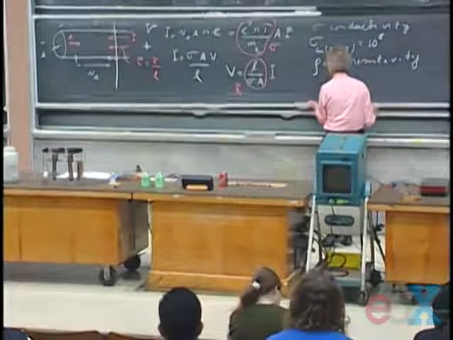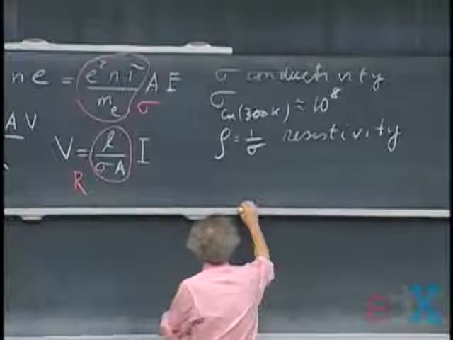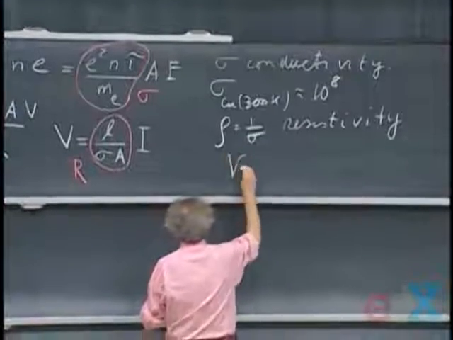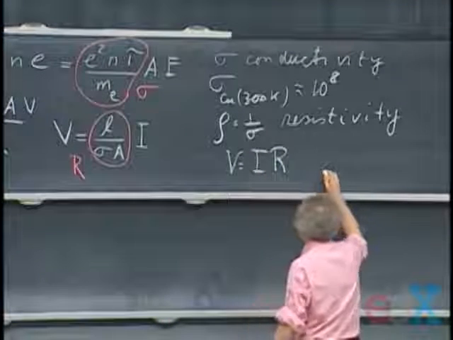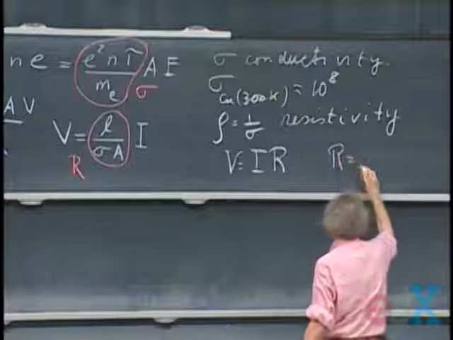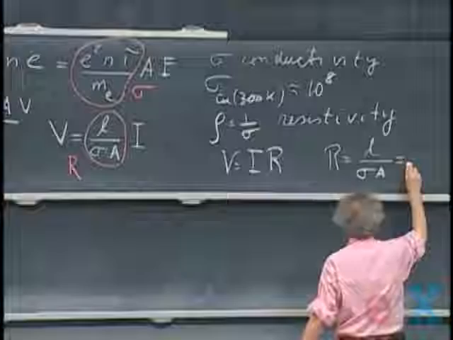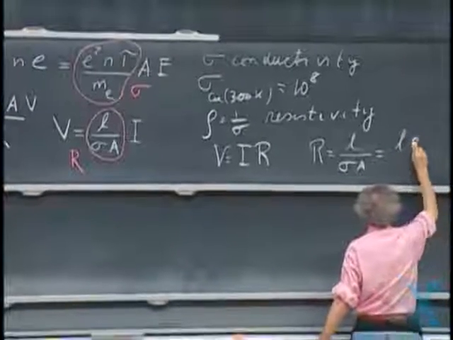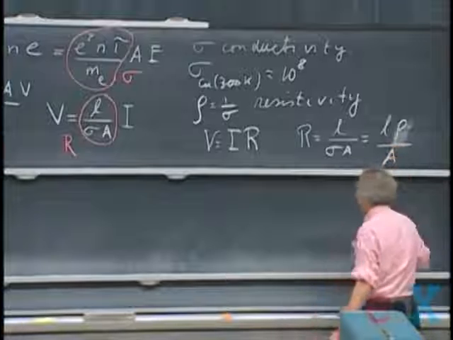So either one will do. So you can also write down V equals IR, and this R then is either L divided by sigma A or L times rho, let me make it a nicer rho divided by A. That's the same thing.